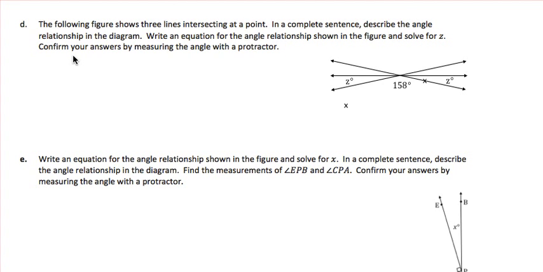In figure D, they tell us that the three lines are intersecting at one point. And of course, they're asking for the relationship. There are a variety of vertical angles here, as well as a circular relationship and straight line relationships. So there are circular, straight line, and vertical angle relationships.